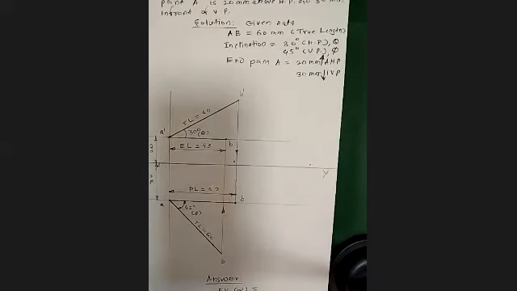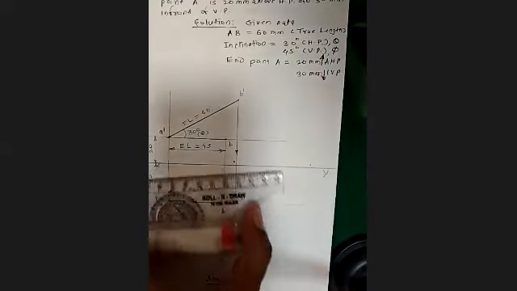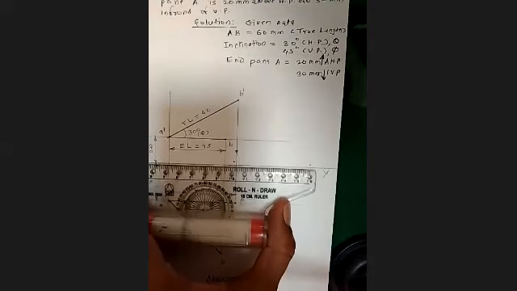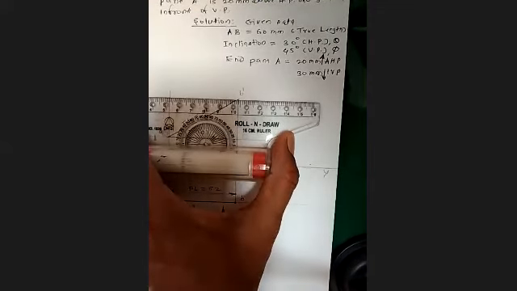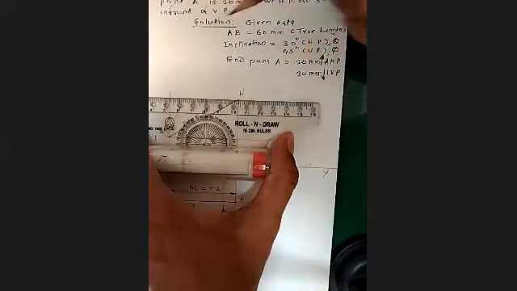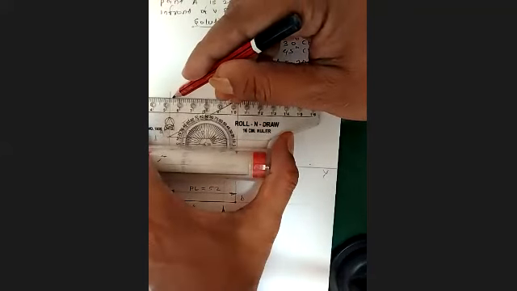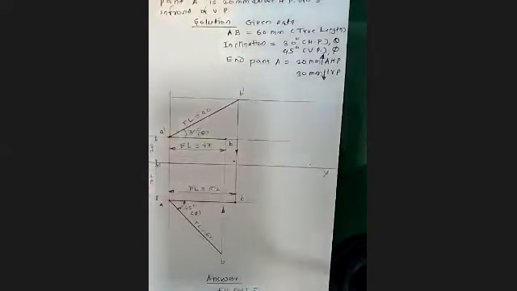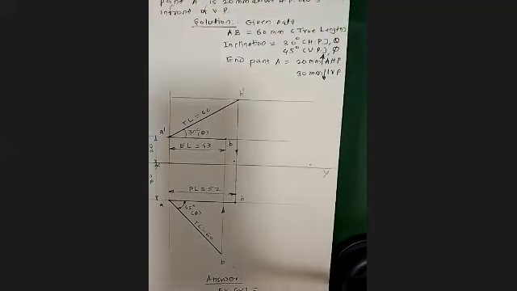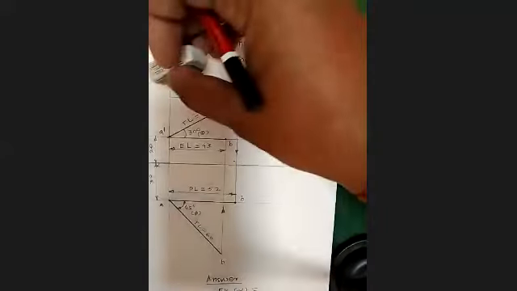Got it? Now the next step is very, very important. Remember, okay, you will be doing the things one by one. So here, set this roller scale with the XY line, take it further, and through B dash, whatever we have already received here, through that I will be drawing one more line. Okay, and this is a separate line.